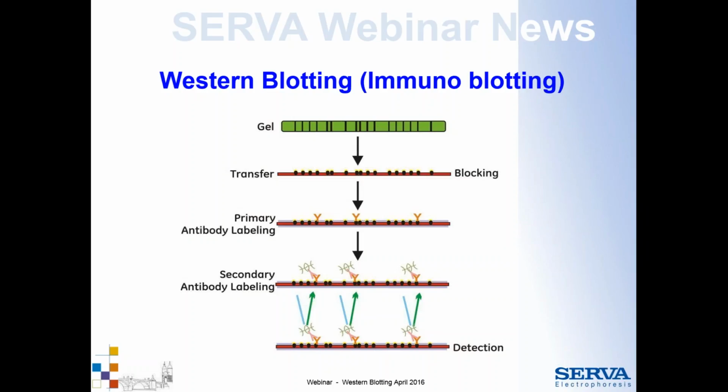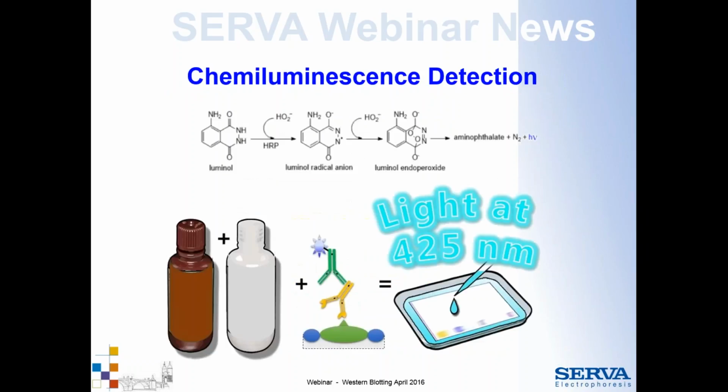After this, the primary antibody incubation follows. Then after different washing steps, the secondary antibody incubation is followed, where the secondary antibody usually has a special enzymatic label for subsequent detection. In case this label is horseradish peroxidase, it can be detected by chemiluminescence.